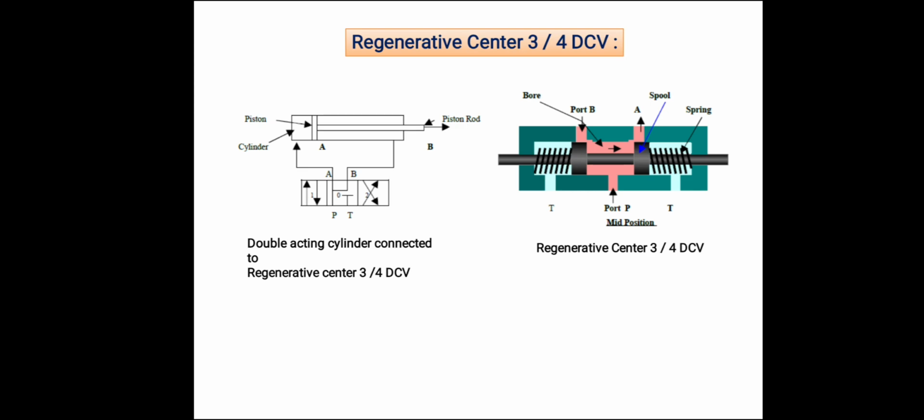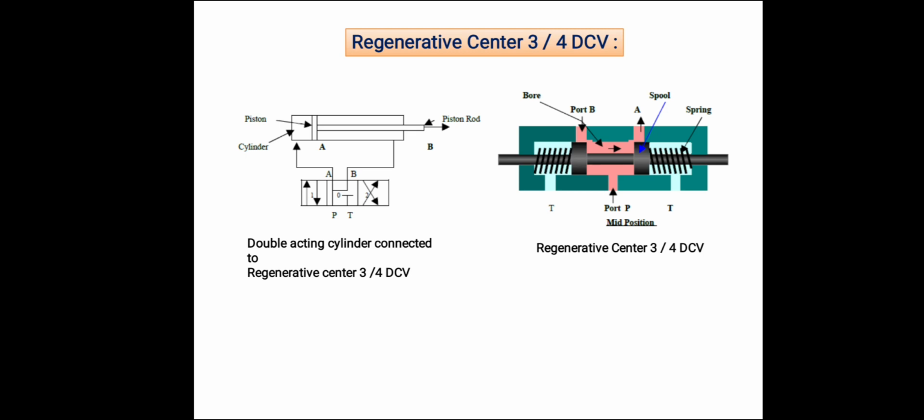The piston area A is more than the ring area B. When the cylinder is actuated by this type of direction control valve, in the center configuration the pump flow is directed towards A. Since the piston area is more, it offers least resistance, hence the fluid flows towards A. The return flow from B also joins the pump flow, which increases the piston speed due to increased flow.